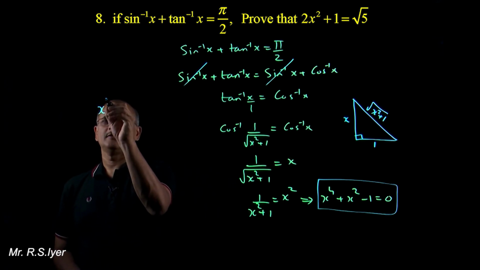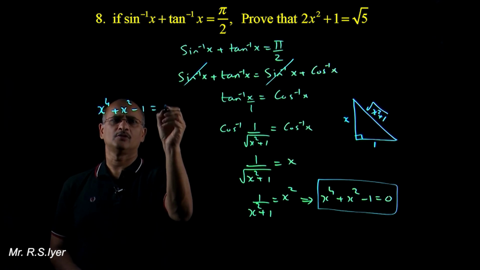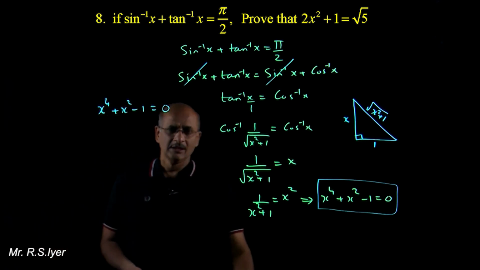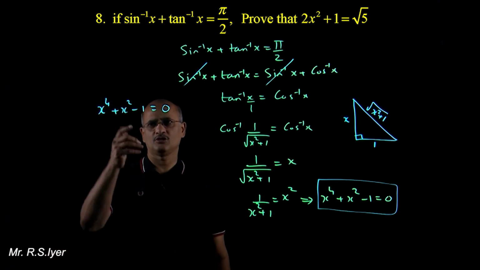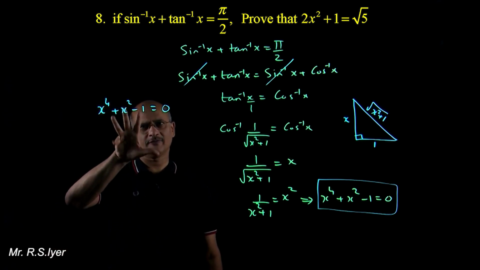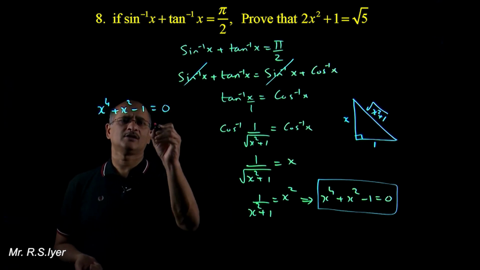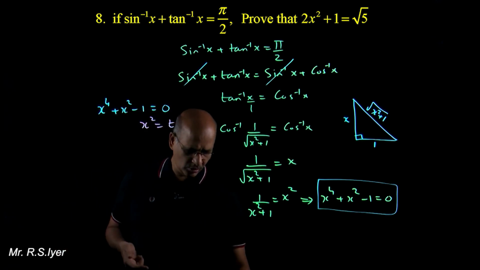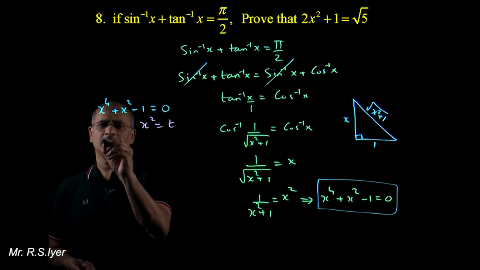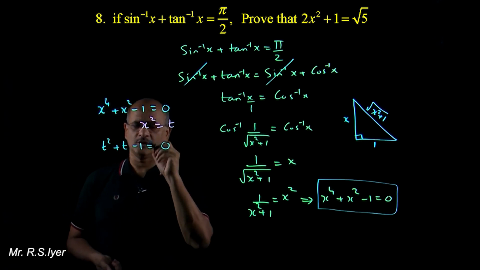It is given x raised to 4 plus x square minus 1 equal to 0. Somebody has taught me when it is 4th degree, I can use the substitution, convert into quadratic so that I can factorize this part clearly. So suppose I say let x square be equal to t. So this equation, what will it become? It will become t square plus t minus 1 equal to 0.